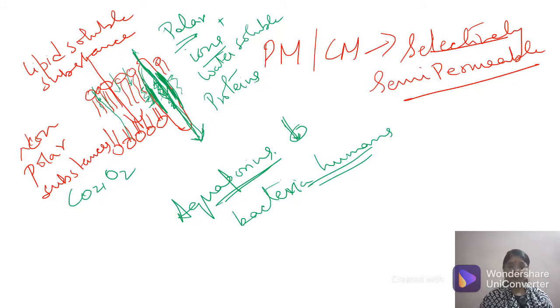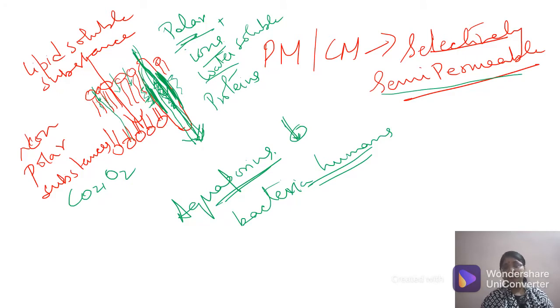Lipid soluble substances can pass easily through your lipid layer, and your water soluble substances and polar molecules pass through the protein part. Therefore we say that the plasma membrane or cell membrane is selectively semi permeable.